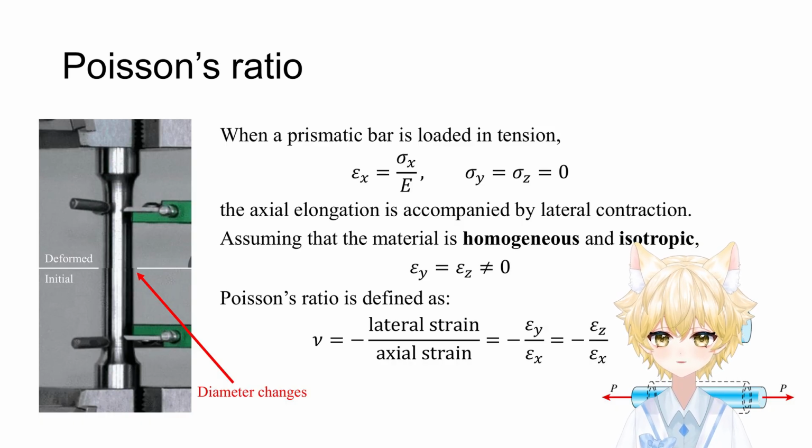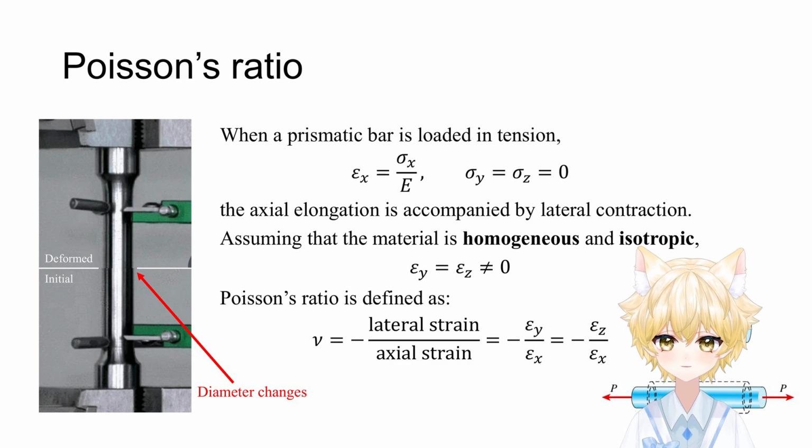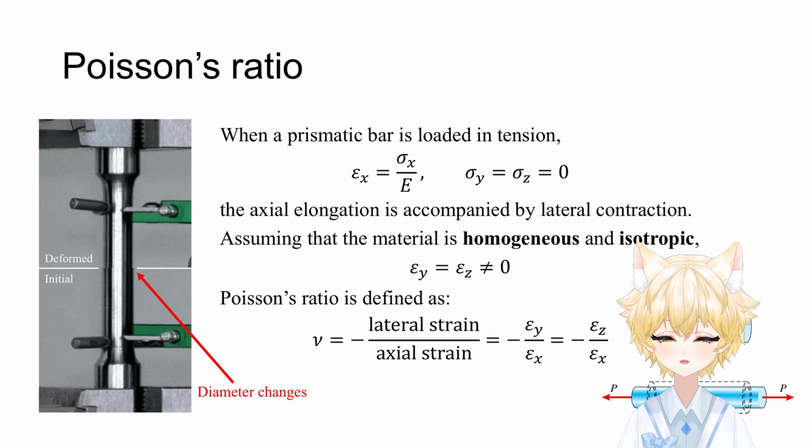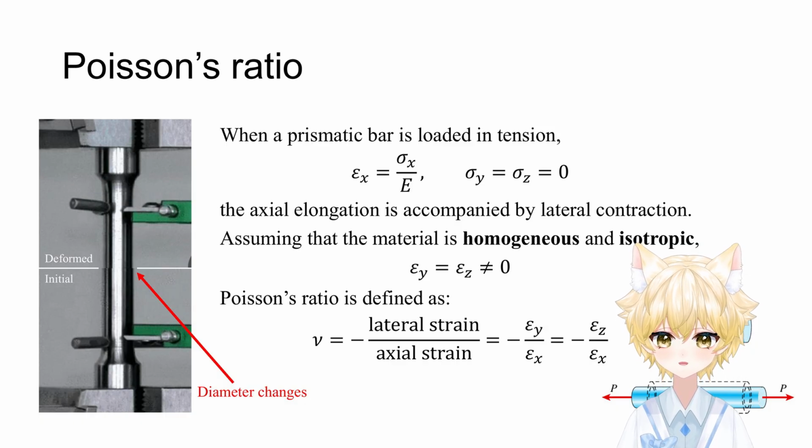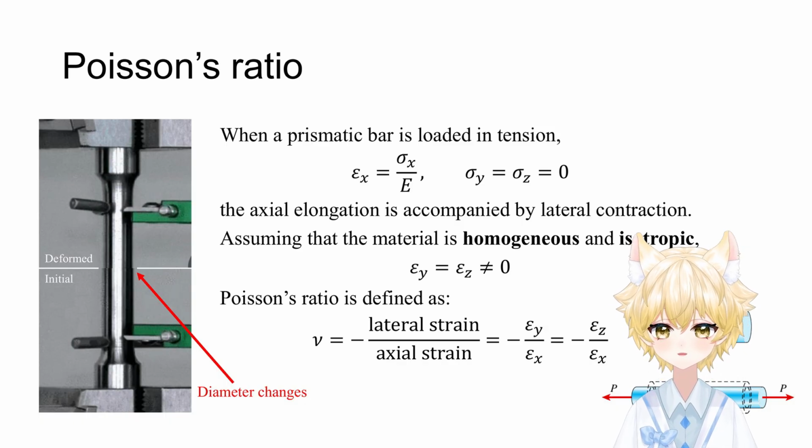Some artificially designed structures can exhibit a negative Poisson's ratio. This means that when you stretch them, they actually expand laterally instead of contracting.